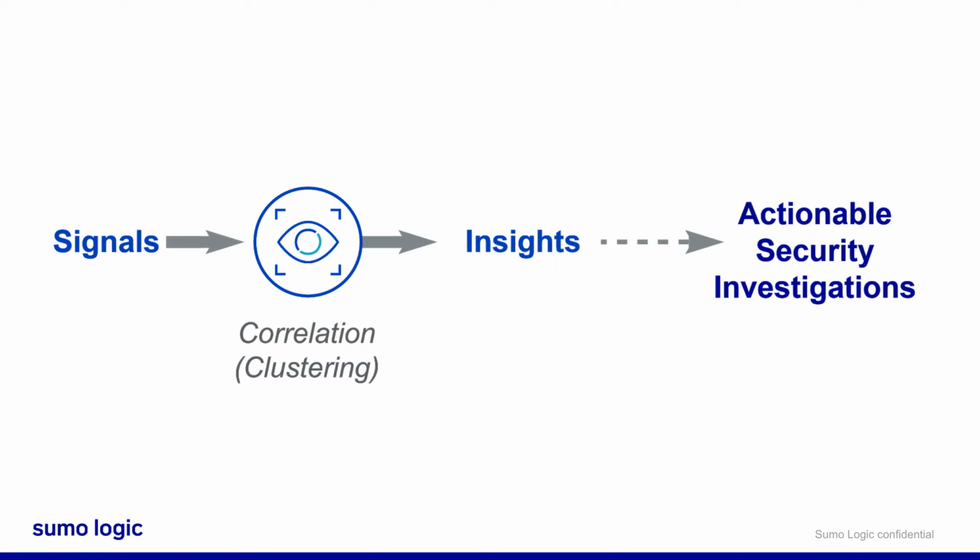An insight is going to be created when the sum of the severity scores of signals with the same entity goes above a certain activity score within a certain time frame. By default, that time frame and that activity score is 12 within the last 14 days. So if there's a higher activity score than 12 within the last 14 days, that is going to trigger an insight. But that is customizable; the 12 and 14 days is the default.